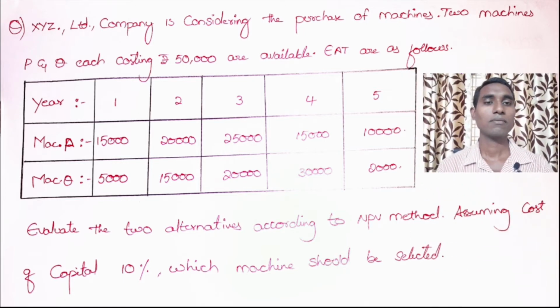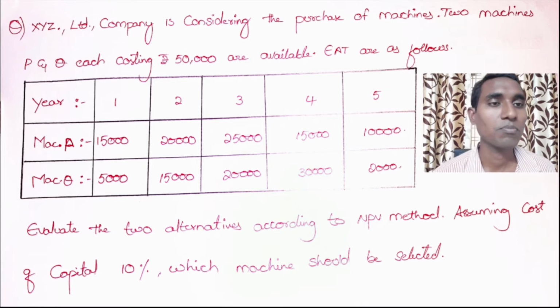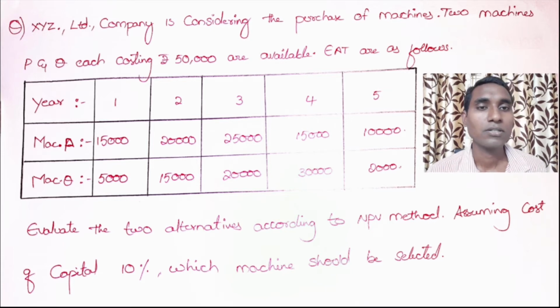He is asking us to evaluate the two alternatives according to NPV method. Assuming cost of capital 10%, which machine should be selected? So it's very simple. He is asking to evaluate the two alternatives and suggest the best alternative using NPV method, assuming the cost of capital as 10%.